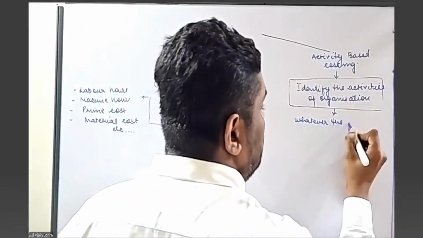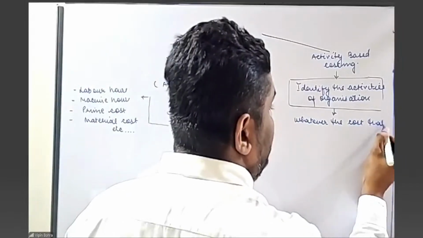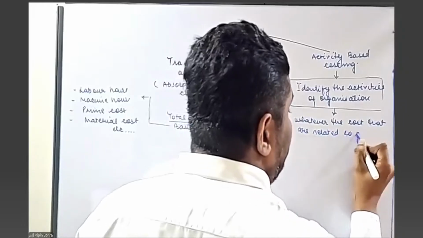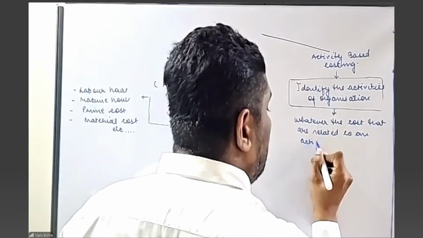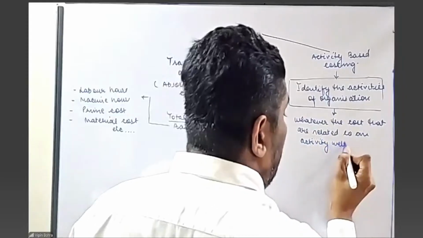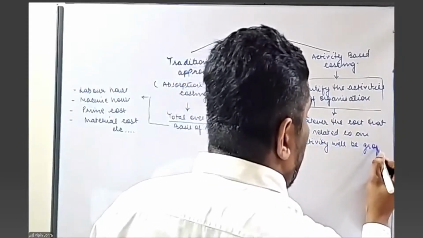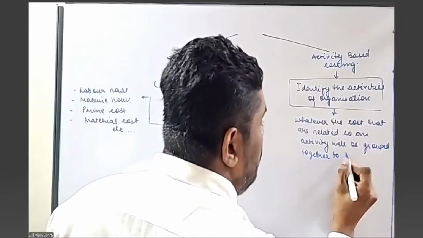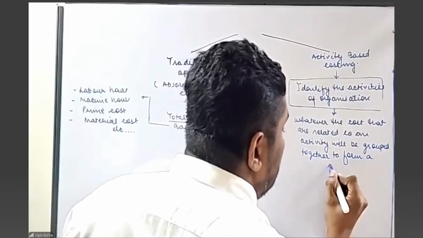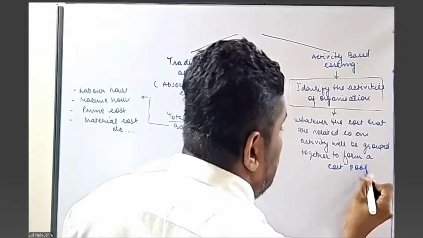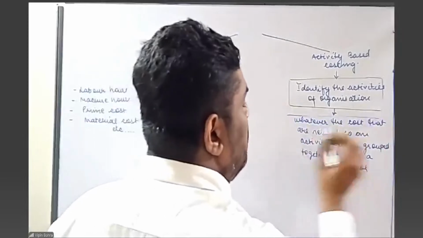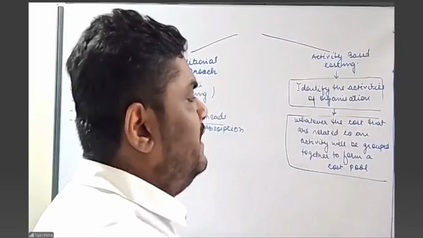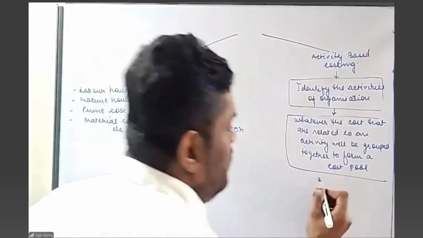Whatever the costs that are related to an activity will be grouped together to form a cost pool. So this is the second step. Identify the activities of the organization. Whatever the costs that are relating to an activity will be grouped together to form a cost pool.